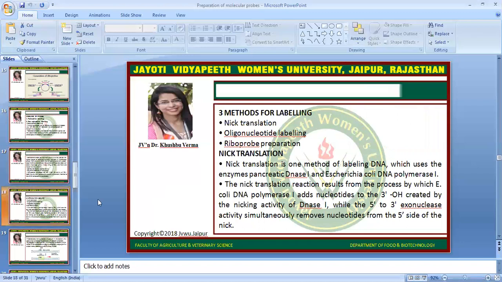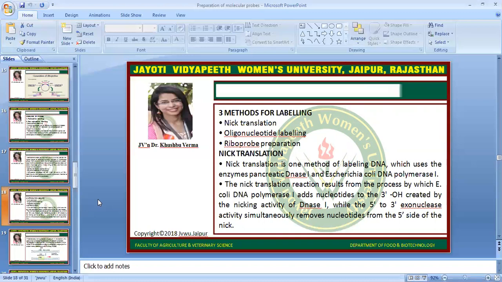We will go to the methods of labeling. First is nick translation, second is oligonucleotide labeling, and third is riboprobe preparation. Nick translation is one method of labeling DNA which uses the enzyme pancreatic DNase 1 and Escherichia coli DNA polymerase 1.